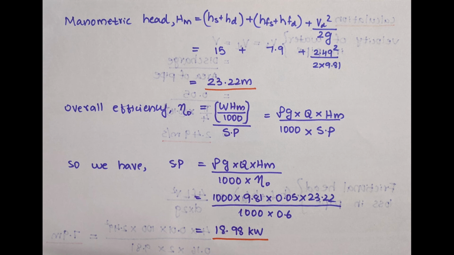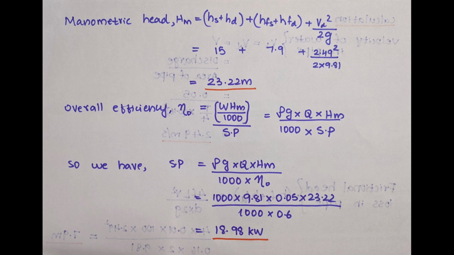The equation for overall efficiency eta o equal to WHm divided by 1000 whole divided by Sp, that is equal to rho into G into Q into Hm divided by 1000 into Sp. So we have Sp, which is the required power to drive our centrifugal pump, equal to rho G into Q into Hm divided by 1000 into efficiency.